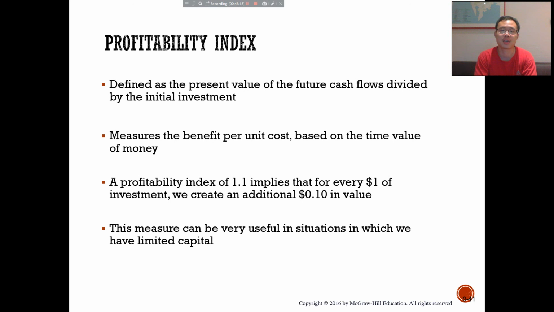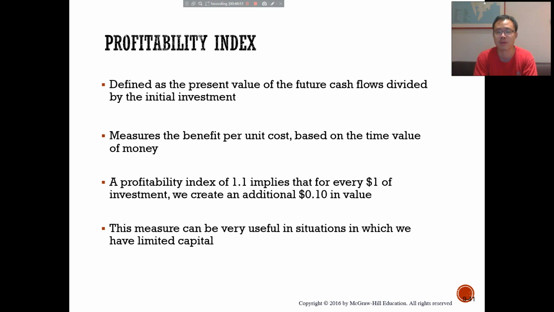Basically, you calculate the present value of future cash flows, as you did for the calculation of NPV. Then you divide it by the initial investment rather than subtracting the initial investment. If you subtract, that is the calculation of NPV. If you divide, you get a ratio called the profitability index. An index of 1.1 implies that for every $1 of investment, you create an additional 10 cents in value.